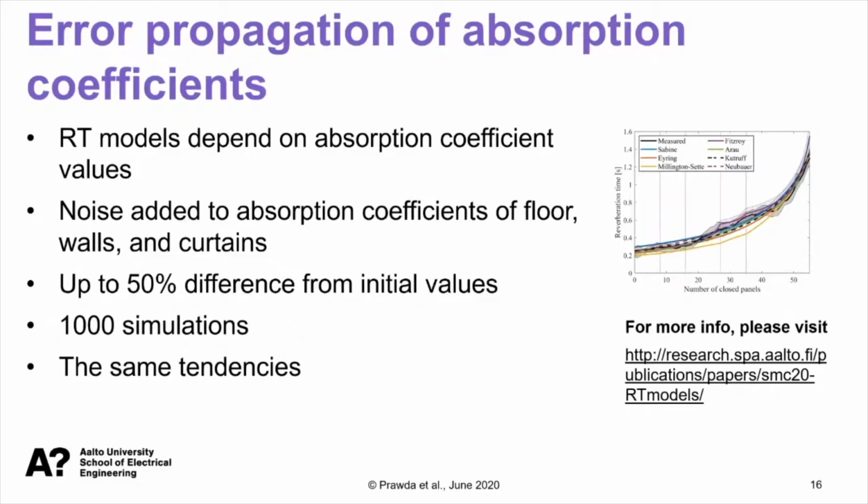So what we did was we added noise to the absorption coefficients of floor, walls, and curtains. And we ran 1000 simulations where in each simulation the values of the added noise were different, ranging from minus to plus 50% of the initial values of the absorption coefficients.